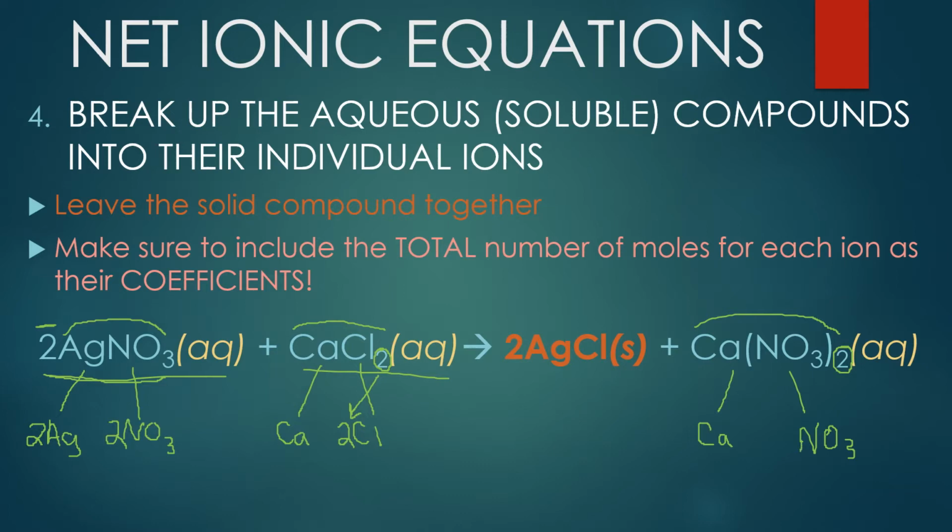So we have to take that into consideration for the nitrate only. We're going to bring the 2 down and write it as a coefficient, because this is separated out now. So we can write this as a coefficient saying that we need 2 moles of nitrate in this formula.